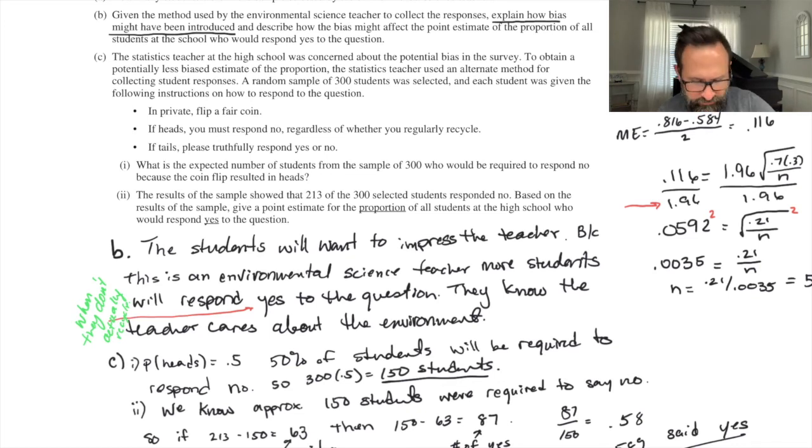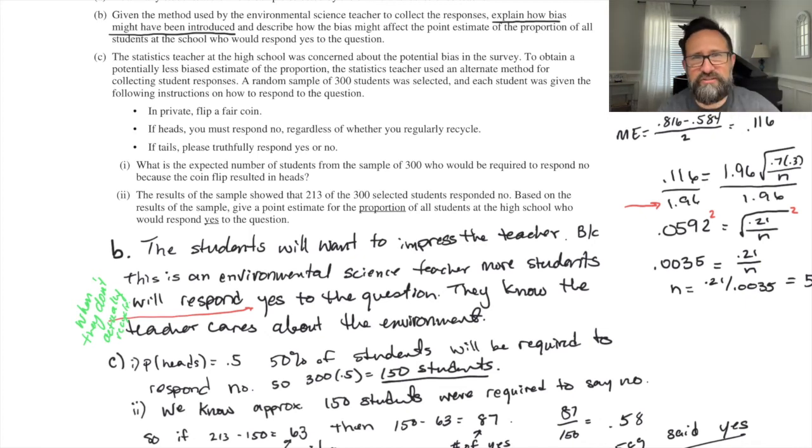In part 2, it's asking us, we had 213 people said no. Based on that, we want to know what percent of them actually said yes. Well, if 150 people said no, guaranteed said no, no matter what they felt, then we know that 150 people responded appropriately. They responded honestly. So a certain percentage of that's going to say yes, and a certain percentage is going to say no. We said that, if 213 people said no overall, we know 150 of those said no without a choice.